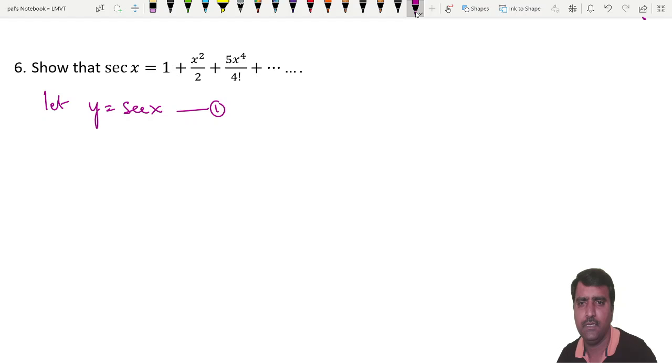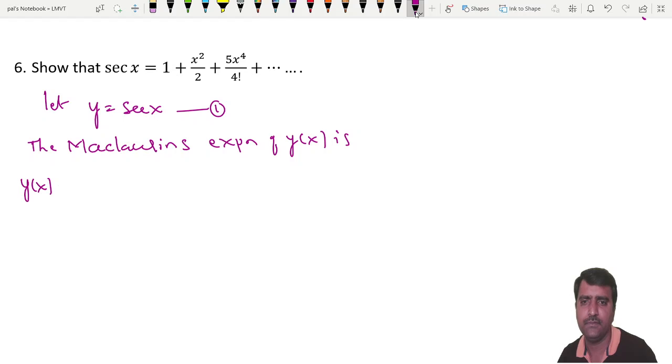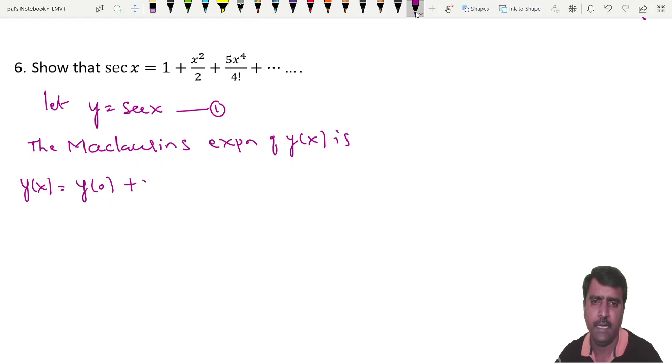Now the Maclaurin's expansion of y of x is equal to y of 0 plus x into y1 of 0 plus x square by 2 factorial into y2 of 0 plus the series continuing.